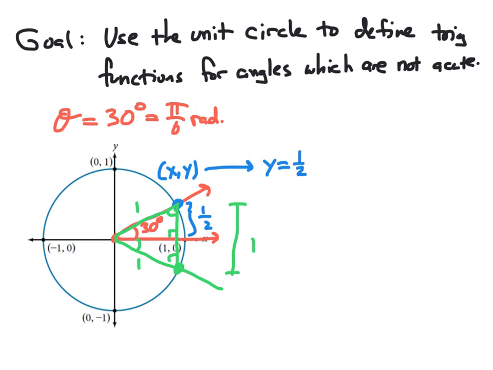And now that I know one of the coordinates, to find the other, we can use the equation of the unit circle because we know this point x, y lies on that circle. So we know x squared plus y squared has to equal 1. That is the equation of the unit circle. And we know that y is 1/2.